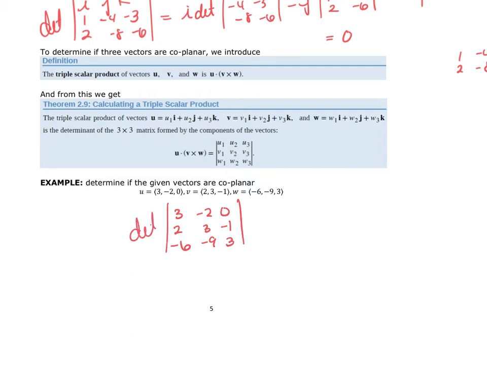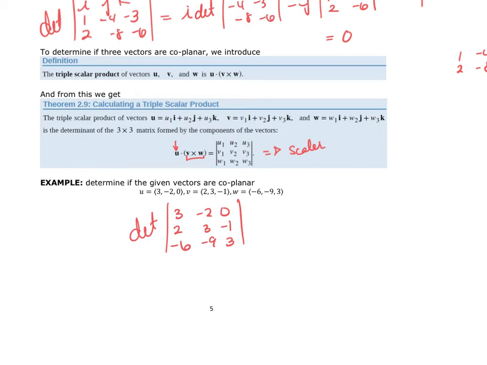And notice for this, because I have a cross product, which will produce a vector, with a dot product of another vector, my answer will be a scalar. So this triple scalar product allows me to get right to the scalar by writing it this way. Notice I don't have this top row of i, j, and k.